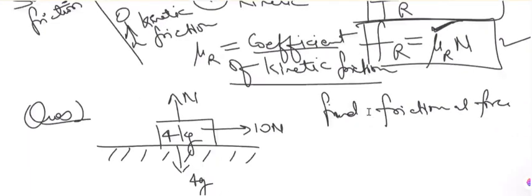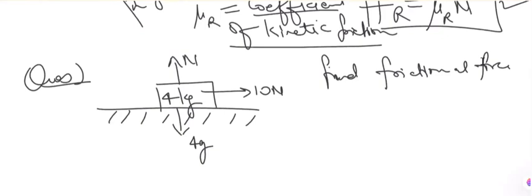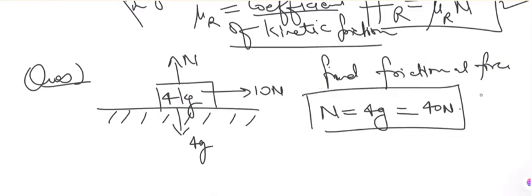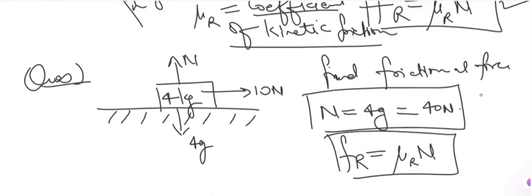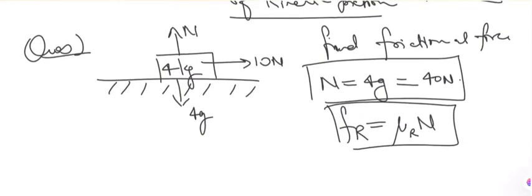Great. So let us find the frictional force. I am aware that my N equals 4g, which is nothing but 40 Newton. Correct? I got my normal force. Now see how I will apply this. My frictional force is mu_r into N. Let's say the mu_r is given as 0.2.